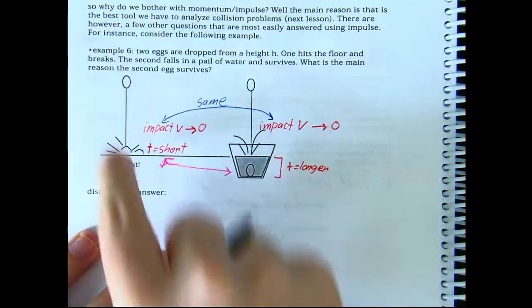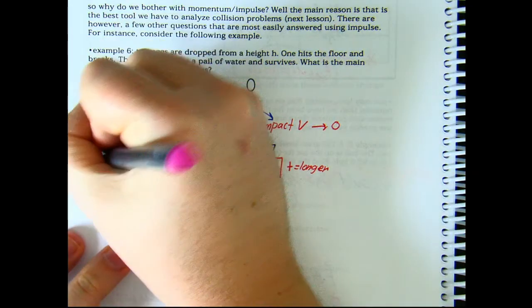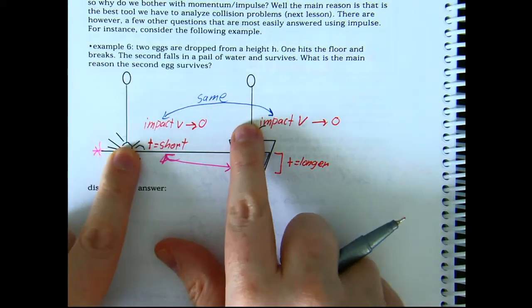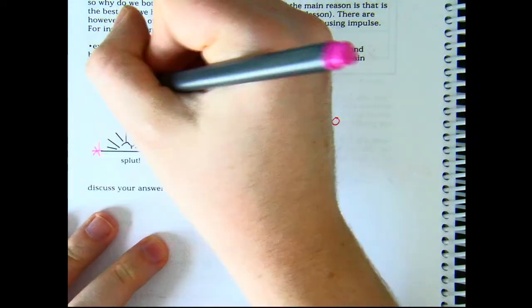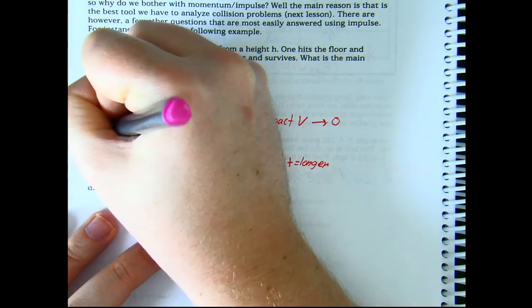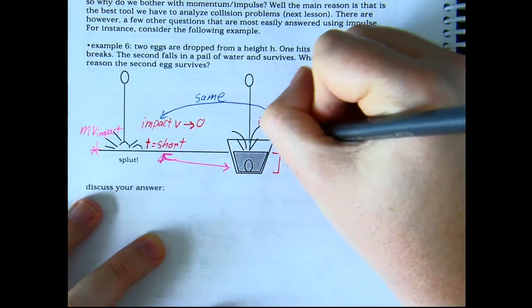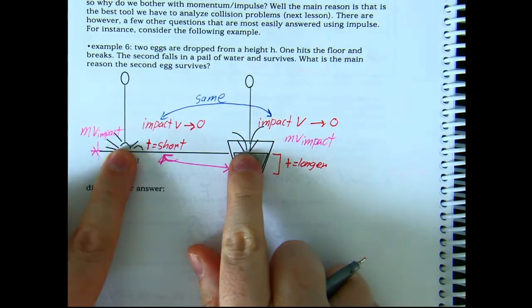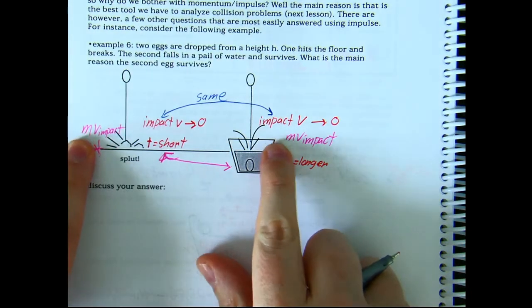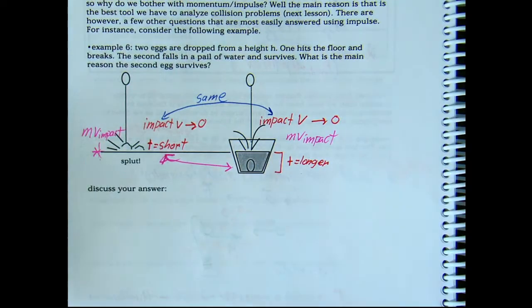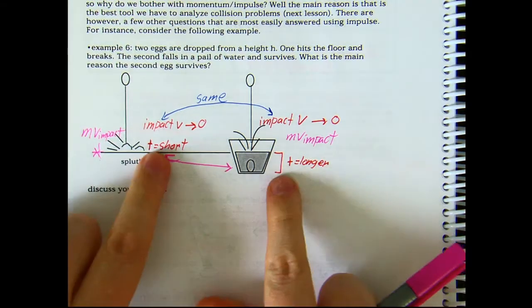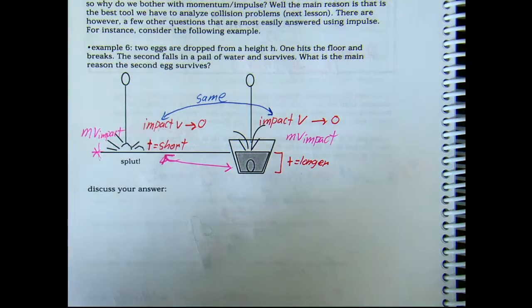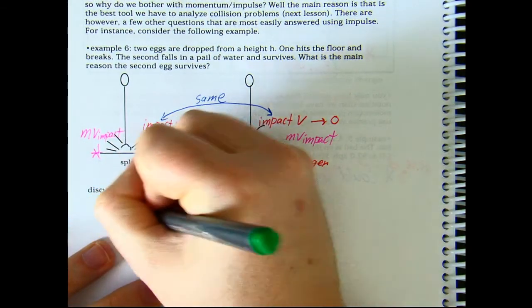At the moment of impact, my momentums are going to be exactly the same. I'm going to have m v impact and m v impact, and they are exactly the same because my velocities at this point are exactly the same. And we're going to assume the mass of the egg is basically the same as well. What's happening, though, is as we extend the amount of time, we're decreasing the amount of force on the egg to slow it down. And it comes from this impulse equation here.